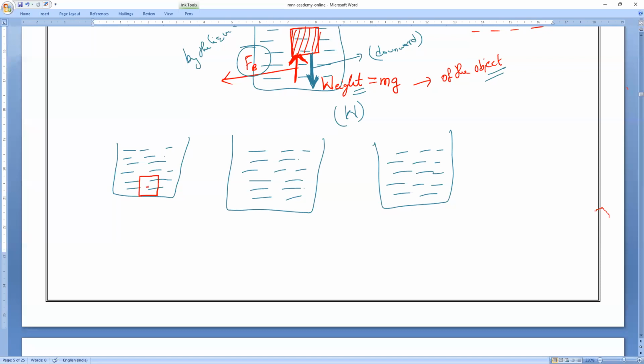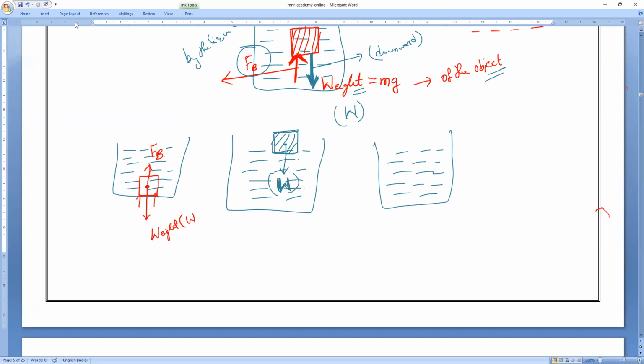Now also, there is a force acting in the downward direction. What is that, everybody? Weight. Clear? And there is a force acting in the upward direction from the bottom surface. What is the force? Buoyant force. Now, here the object is floating above the surface. The weight of the object is acting in what direction?